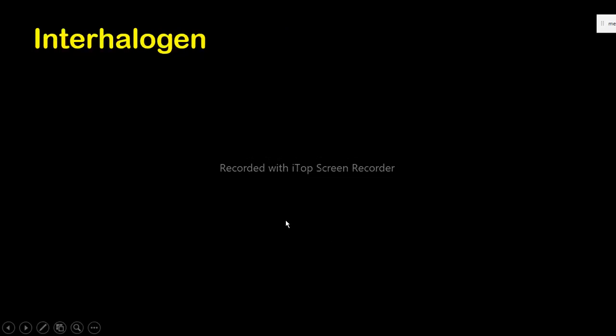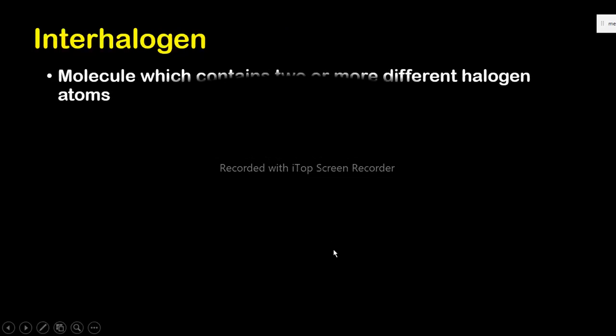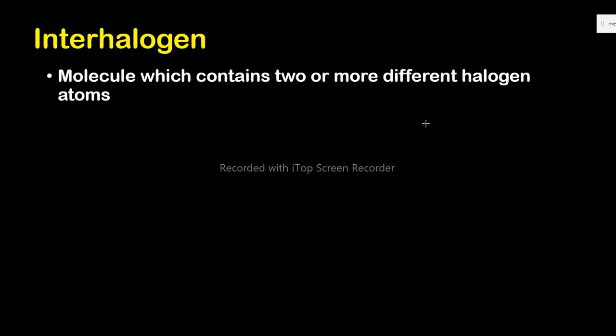Then let's talk about the interhalogen compounds. These are molecules where different halogens combine together. For example, you may have such a compound, iodine with chlorine. Which one is more electronegative?